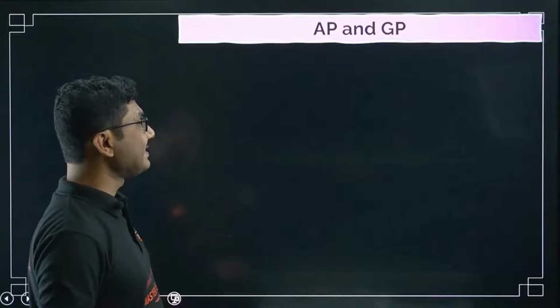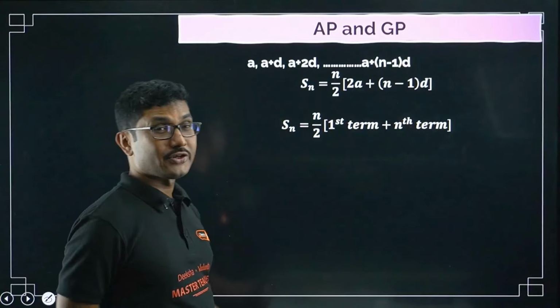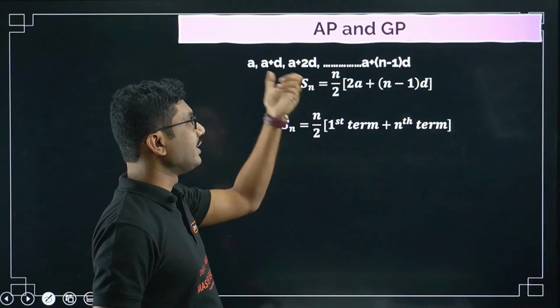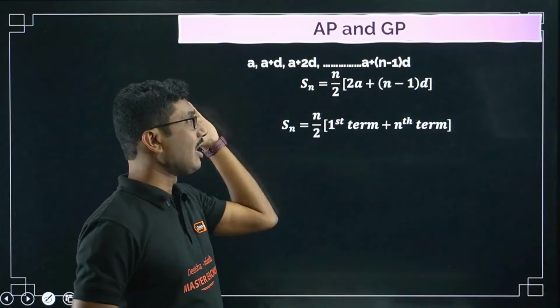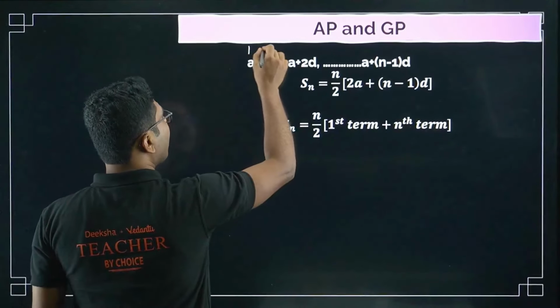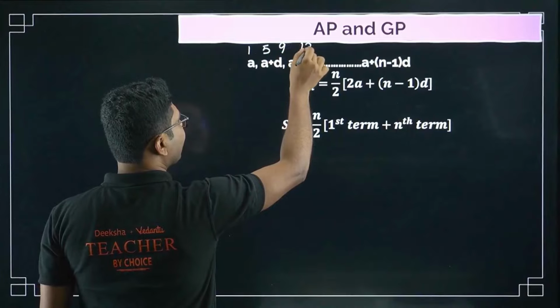And next is AP and GP, arithmetic progression and geometric progression. I hope you have learned about that. Arithmetic progression means a series: a, a plus d, a plus 2d, a plus 3d, up to a plus n minus 1 into d. For example 1, 5, 9, 13, like that.